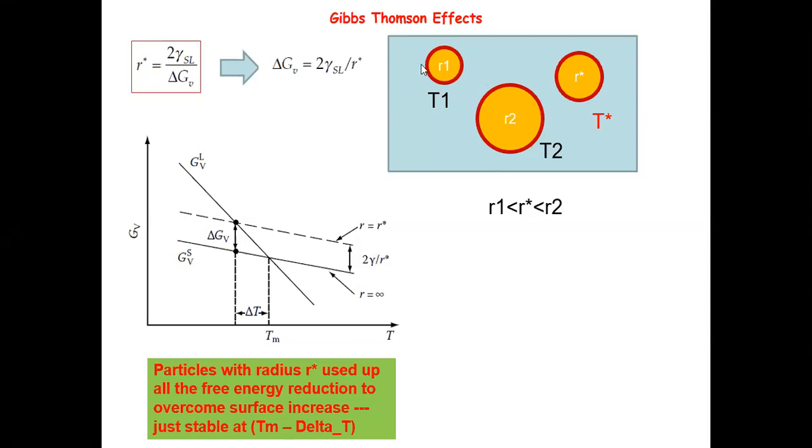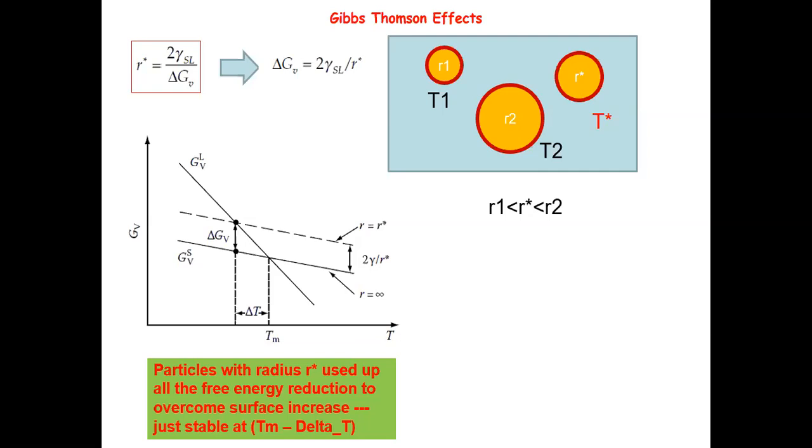Does this make sense to everyone? This is just from the free energy analysis of the role of the nucleus and stability. So the result is that any nucleus with a radius larger than R star, determined by this T star, is going to grow. Any nucleus with a radius smaller than R star is going to melt back. This is the observation.